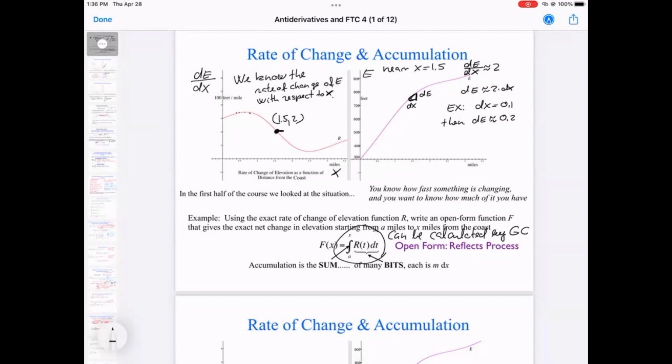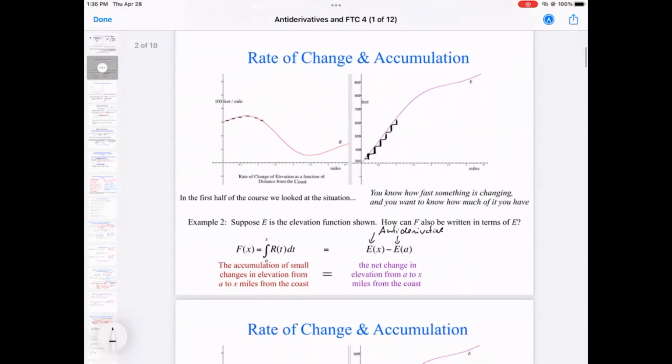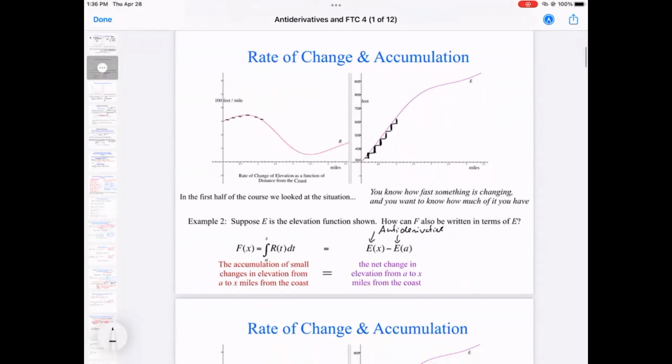From this information, we could build the accumulation in the elevation. We can build the elevation with bits of changes, right? And that's the integral. So you integrate the bits of changes, which is rate times the little change in the distance from the coast, and you accumulate them, sum them up, right?